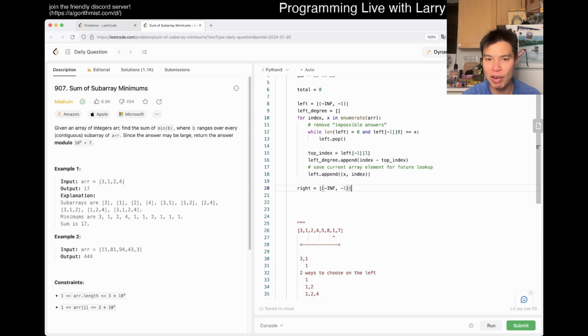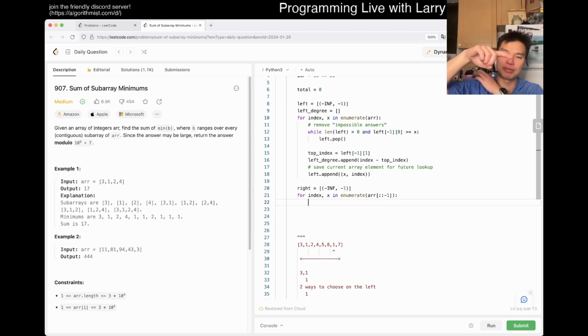And then now we do the same thing on the right side. We'll just reverse this, so basically we're going from the right to the left. The difference on the right side is that if you're looking to the right and you gain an equal element, you don't pop, because it is not considered a possible answer.